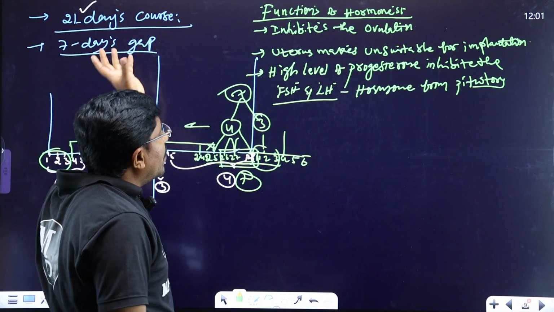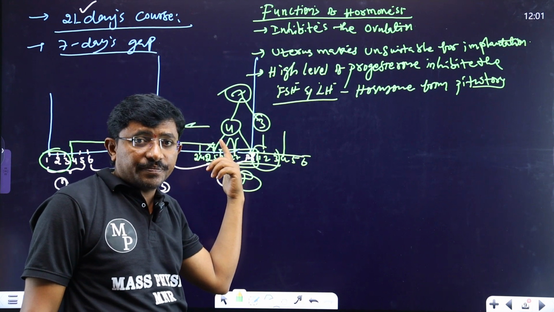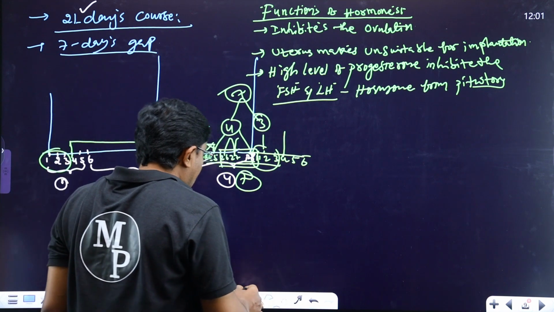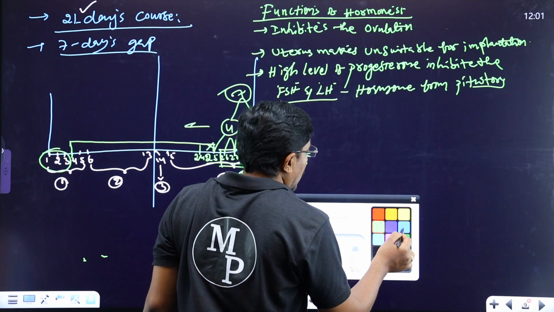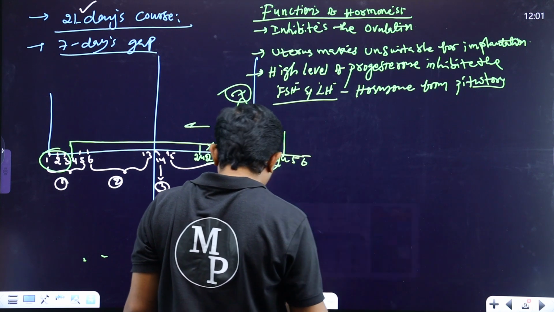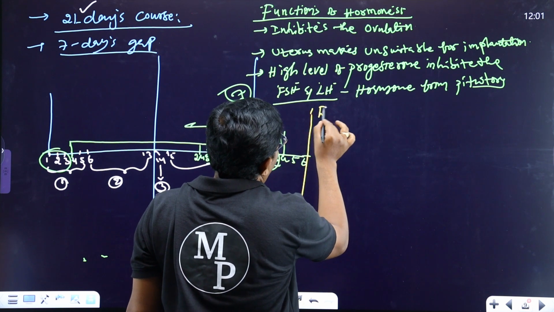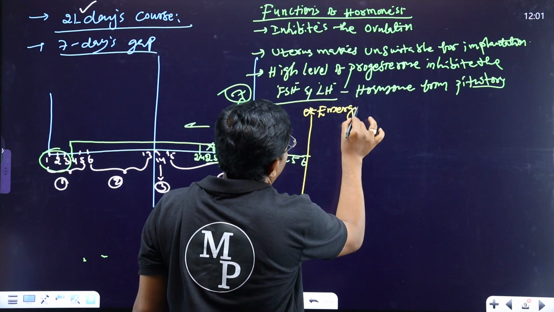It is the combination pills we discussed and progesterone only pills. This is one. Along with this, we go to emergency contraceptive pills. What are the emergency contraceptive pills? It is one important point.